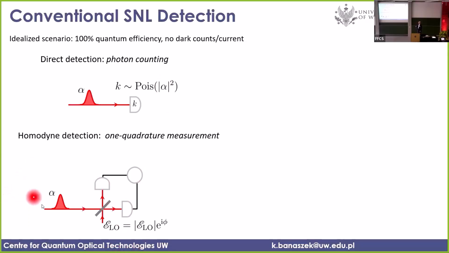Furthermore, if we measure a single quadrature, or let's say the real or imaginary part of our complex amplitude, through homodyne detection, then we obtain this quadrature in the form of a Gaussian distribution, again with a width of the order of 1.